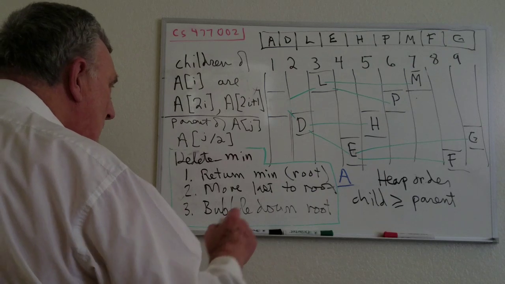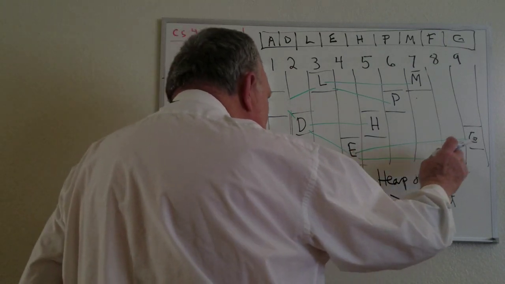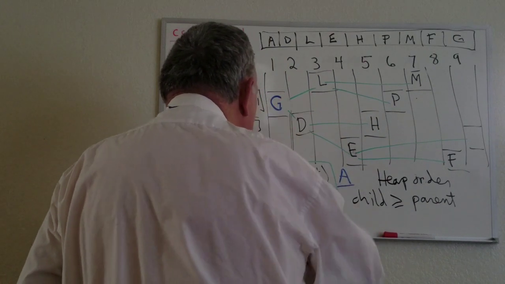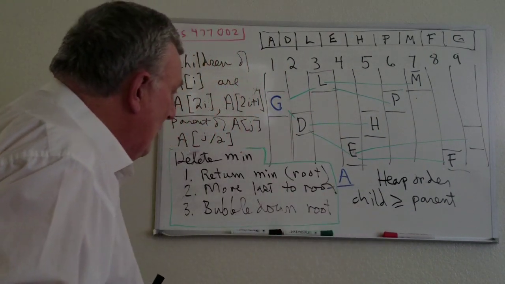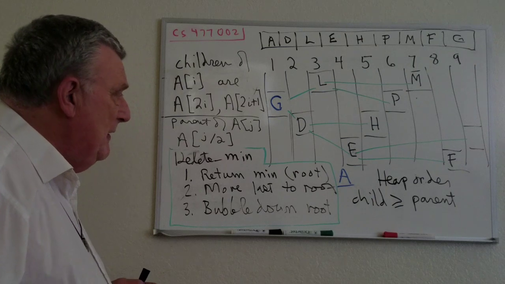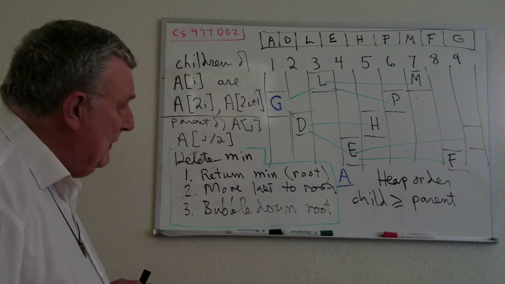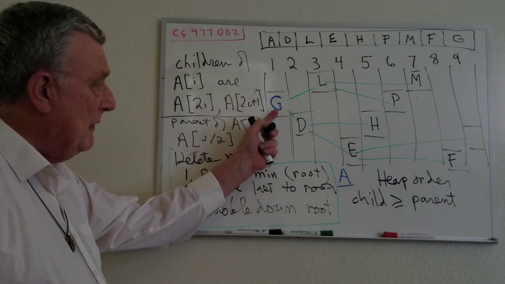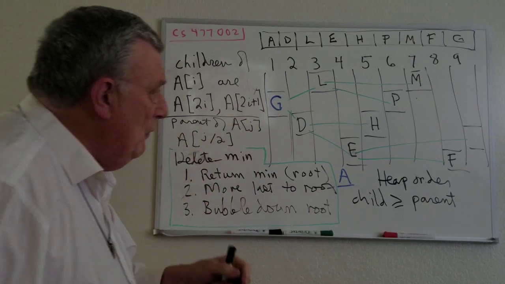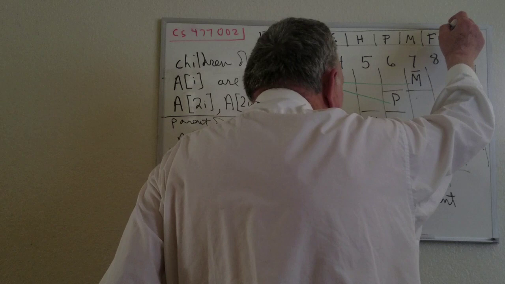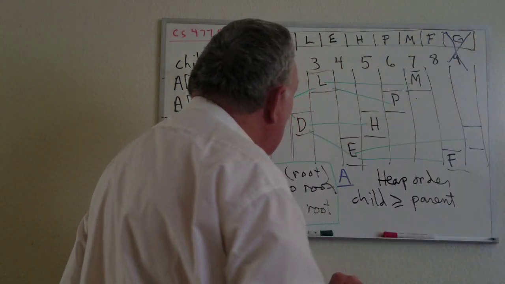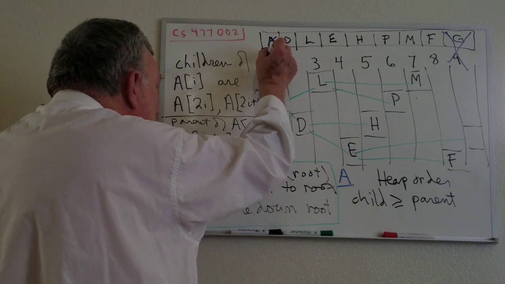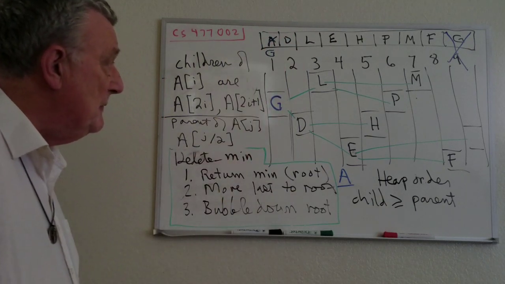Now, we then move the last item up to position 1, to the root. Now the last item is unlikely to be the smallest item, which means that this particular tree is now out of heap order. So what has happened here is this position has been deleted from the min queue. We now have a value G in the array at that position.